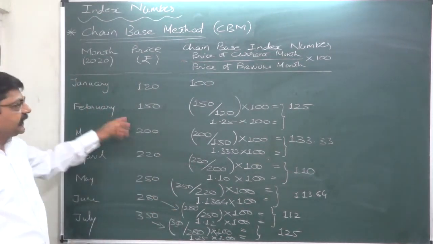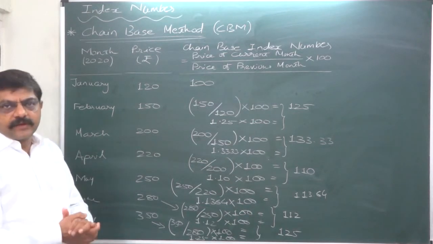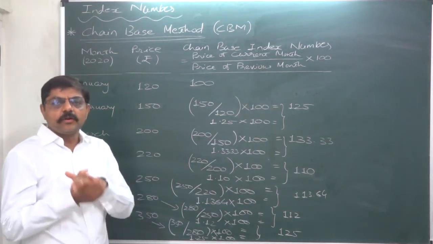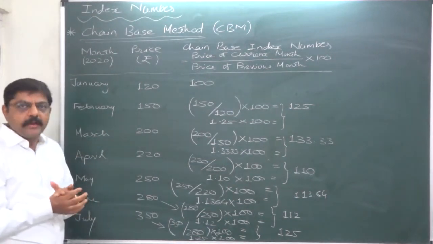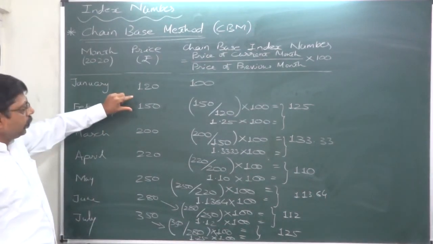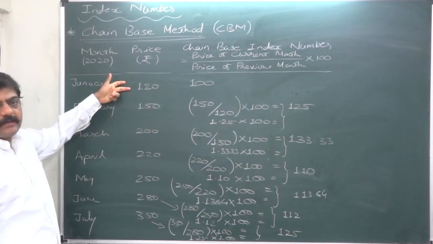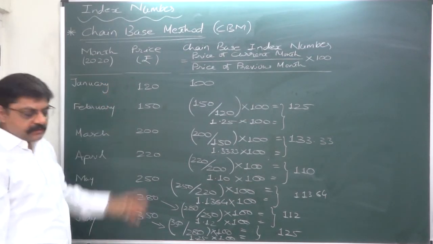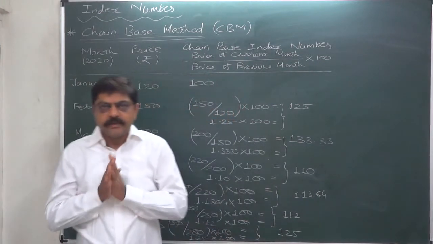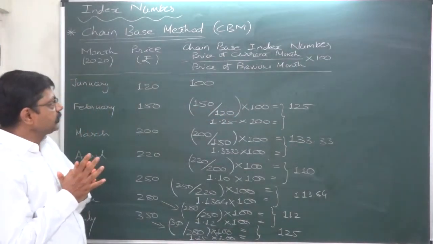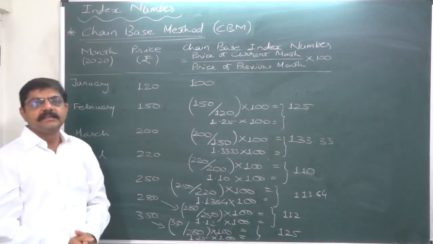But in case of chain base, it is totally different. No fixed year or month or period is taken as base for all the periods, but for all the periods, the preceding period becomes the base period. I hope this lecture is useful for you to understand the whole concept of chain base index number or chain base method.